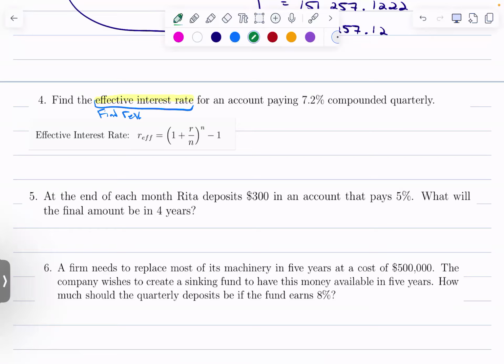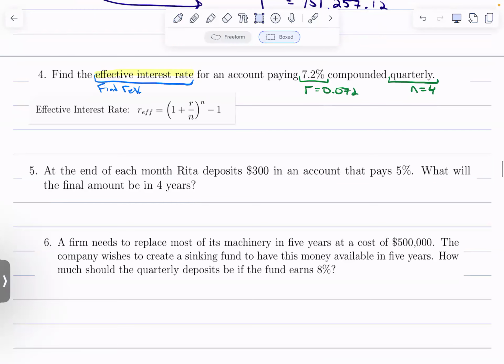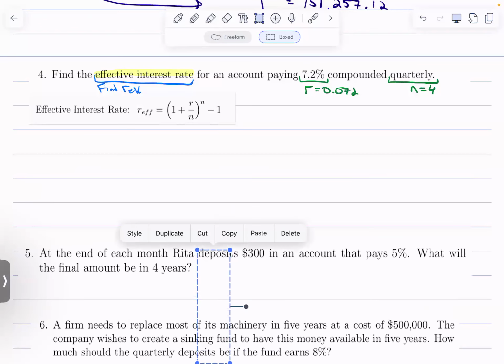And we have our r is 0.072, and compounding quarterly, I do expect you to know that one, is 4 times per year.